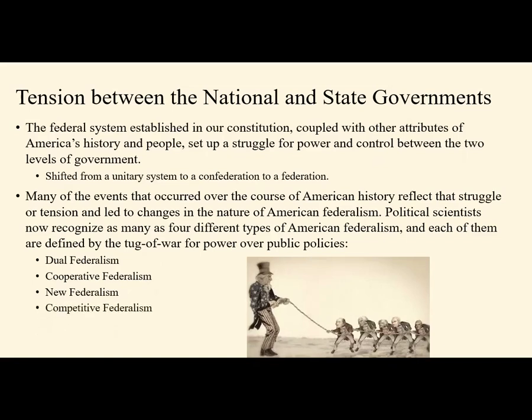So those are 4 different types of American federalism that have existed over the course of our history. And the rest of this learning module is going to focus on those 4 types and just the way federalism has changed over time due to various events and changes in American history.